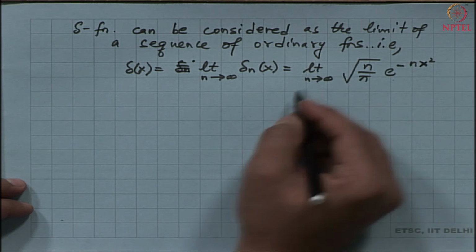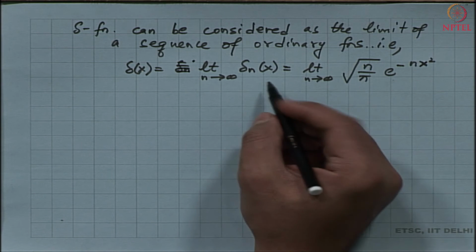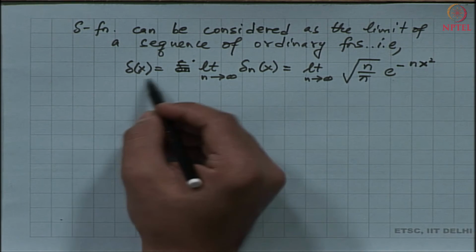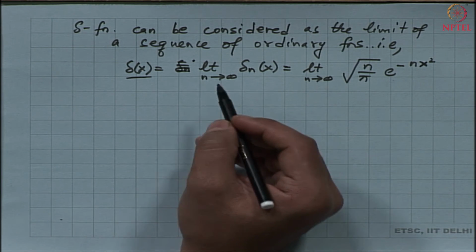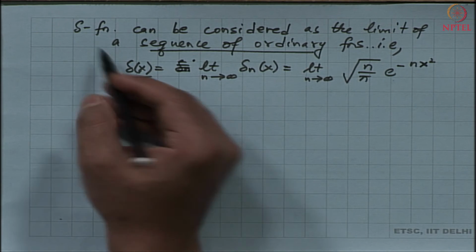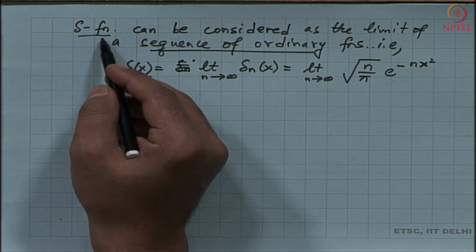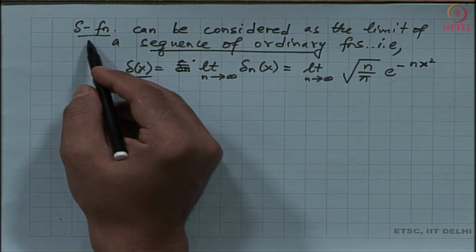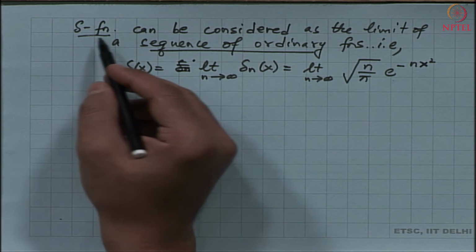As the limit n goes to infinity, these functions delta n go to my Dirac delta function. So, either I can represent my delta function as this sequence, or I can represent my delta function in the generalized sense, that is in terms of that integral representation.